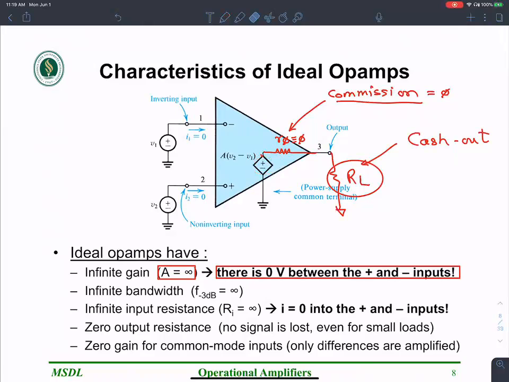Professor, I have a question. Yes. So like the current through our input terminals, why is it 0? The current through the input terminals, right?